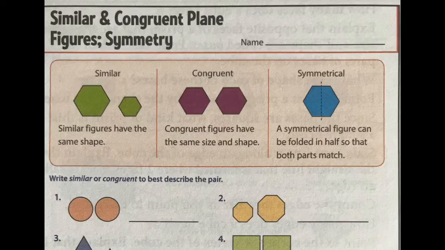Now, plane figures, remember, are flat figures. Like if you were to draw a circle on a piece of paper, you cut it out, it's flat. So we're going to look here at similar plane figures. If you look here, these figures have the same shape, the same color, but they're different sizes, and that's okay.